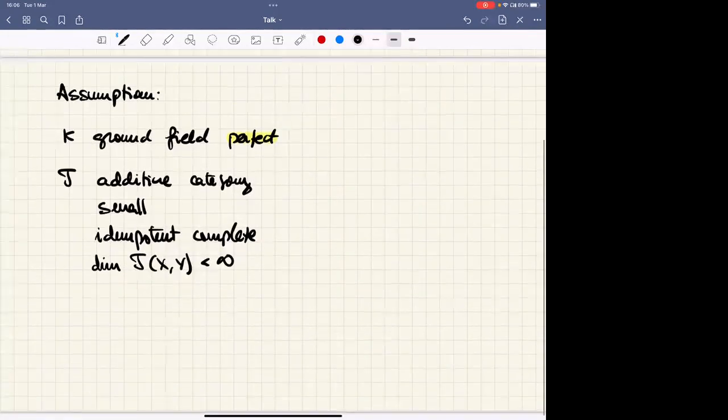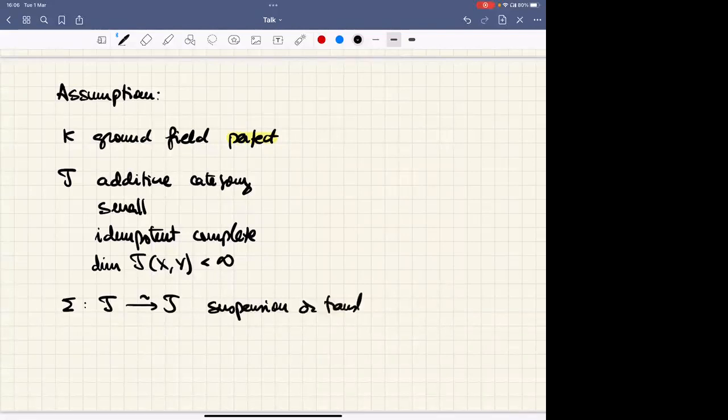We will also have a self-equivalence of T, which we call the suspension functor or translation. Depending on your background, you will like one terminology or the other. Our idea is to study triangulated structures in the category T with suspension functor sigma.